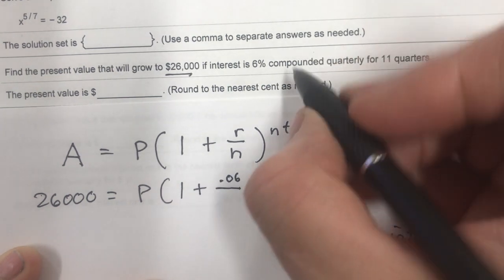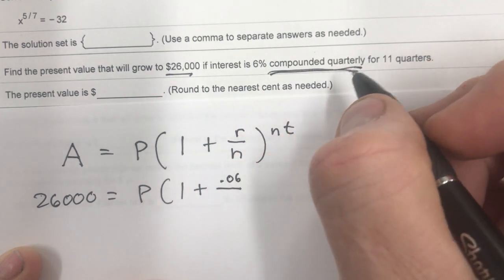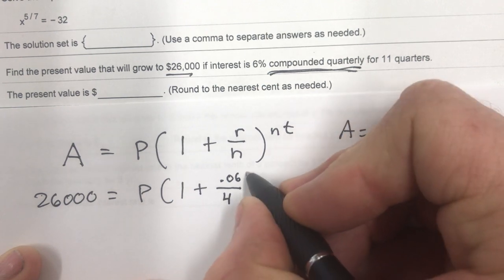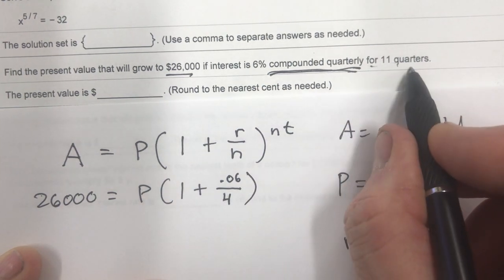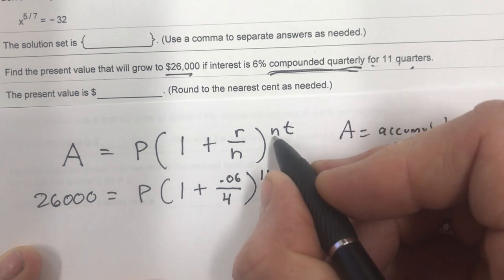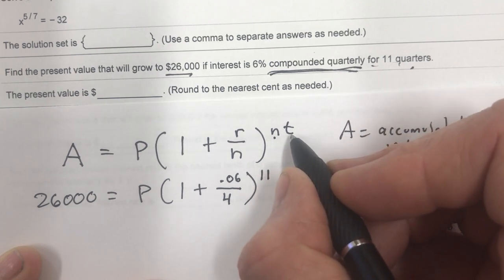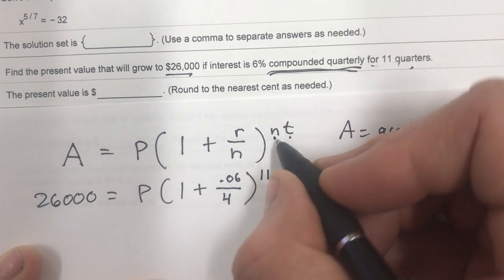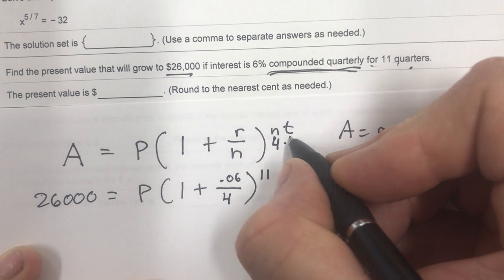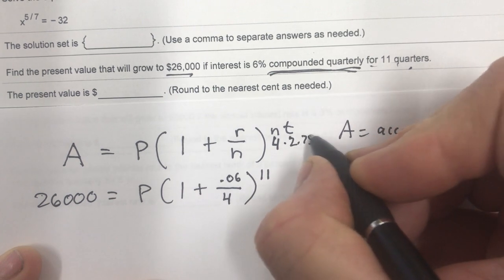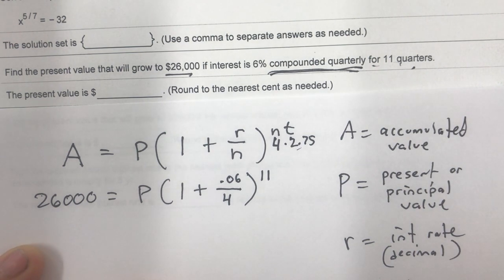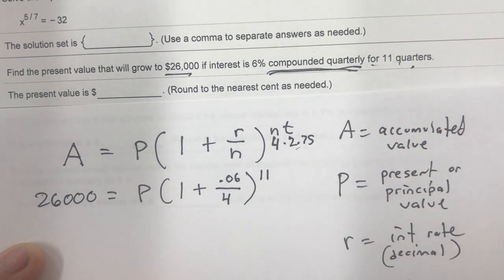It's compounded quarterly, which means 4 times in a year, so n is 4. And it says here there's 11 quarters, which means it's almost 3 years, but I'm just going to put 11 right there. This is n times t, which is how many times it's compounded per year, 4, times your time, which in this case I believe is 2.75 years. If I multiply those, I get 11. But I just put 11.